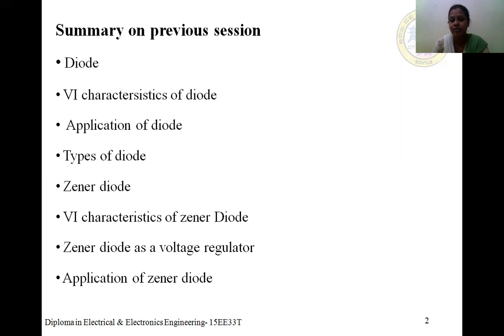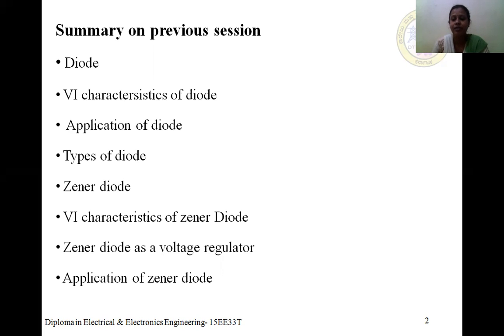And again in the previous session we studied about the Zener diode. This Zener diode is similar to an ordinary PN junction diode, but the Zener diode is heavily doped and the depletion layer is very thin. Next, coming to the VI characteristics of Zener diode, that is the voltage ampere characteristic, here also we have two characteristics: forward bias and reverse bias.